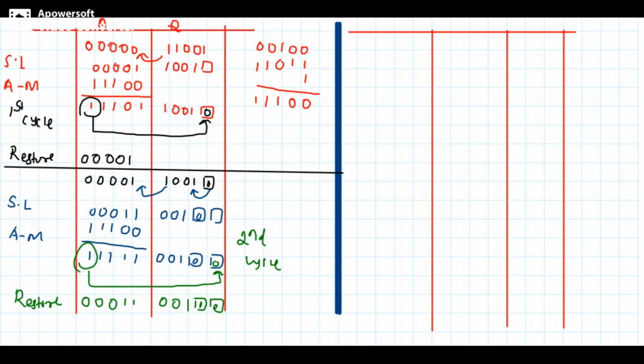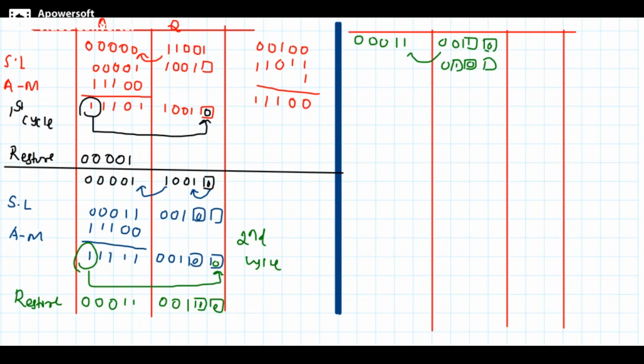So now I'll copy as it is, that is 0 0 0 1 1 and 0 0 1 and 0. Now shift it left by one binary position. Last column will be empty, 0 1 0.